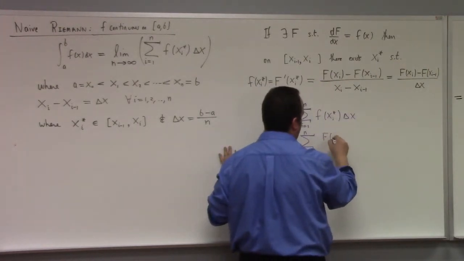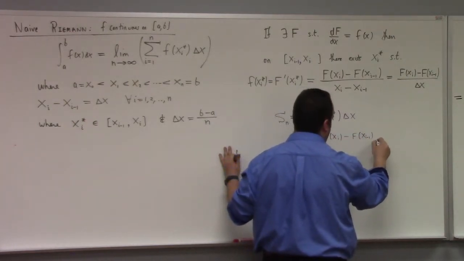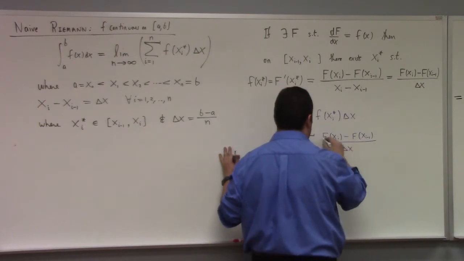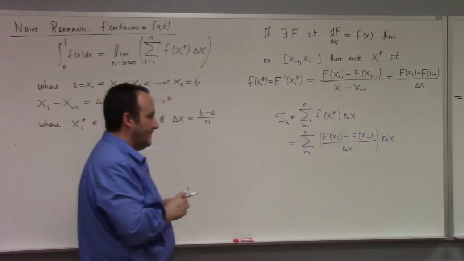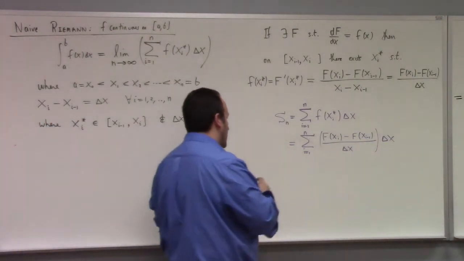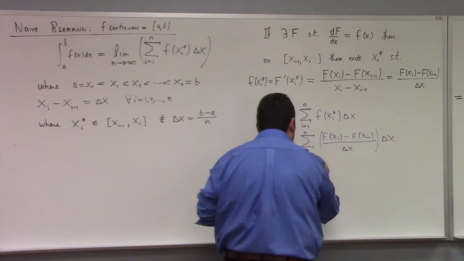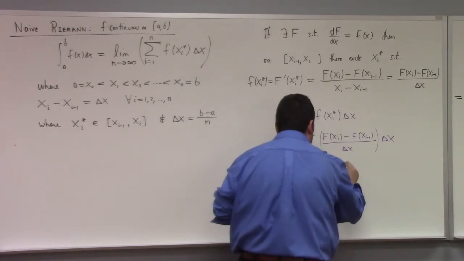Big F of x sub i minus big F of x sub i minus 1 divided by delta x. What happens with the delta x? Cancels, right? And what do we have? You said big F of b minus big F of a. Now, how do you know that?